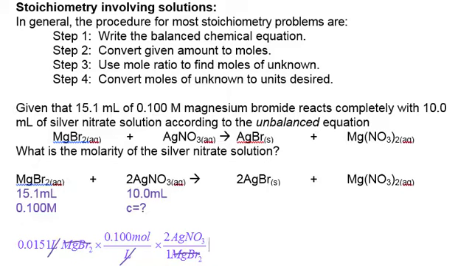So if we stopped right now, we'd be at moles of silver nitrate, but we don't want moles of silver nitrate, we want concentration of silver nitrate. So to get to concentration from moles, we need to divide by liters. So this one's a little different because our final units that we want are moles per liter, right? That's concentration. So to get that, we divide by liters.